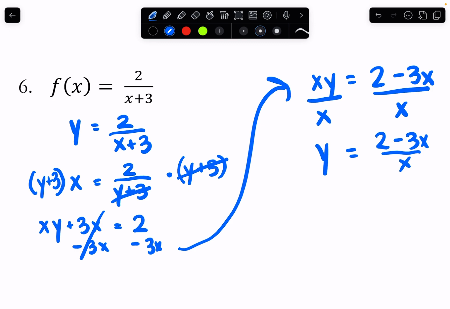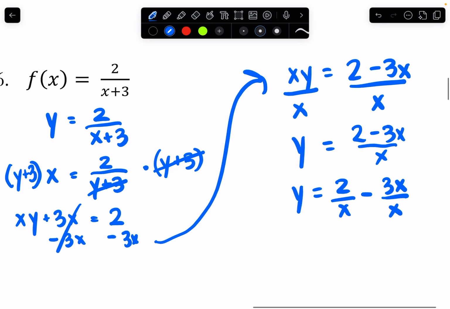You could leave this like this and have it as one fraction in your answer, but a lot of the time you will see this broken up into 2. All right, so keep the first number over the x, and then that second half of our big fraction is going to reduce when we break it up.